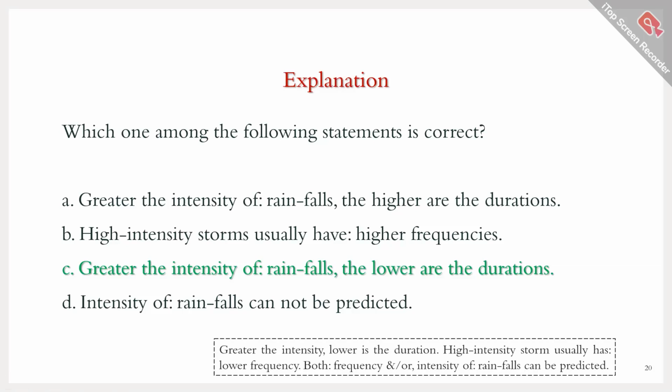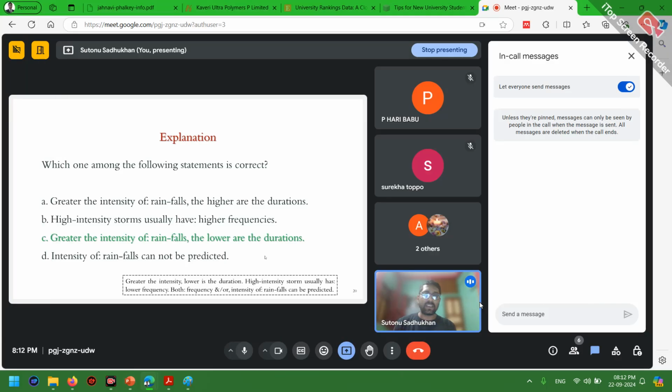The explanation is as follows. Greater the intensity, lower is the duration. High intensity storm usually has lower frequency. Both frequency and intensity of the rainfalls can be predicted this way, because the total number will be finite.